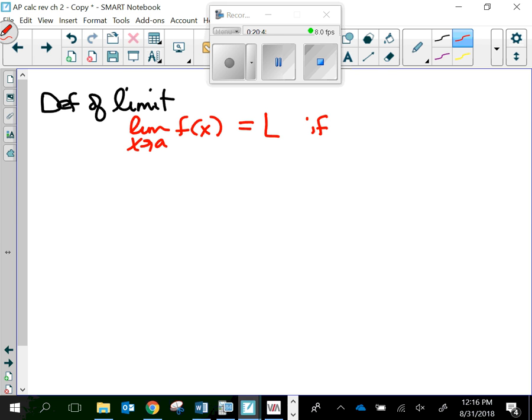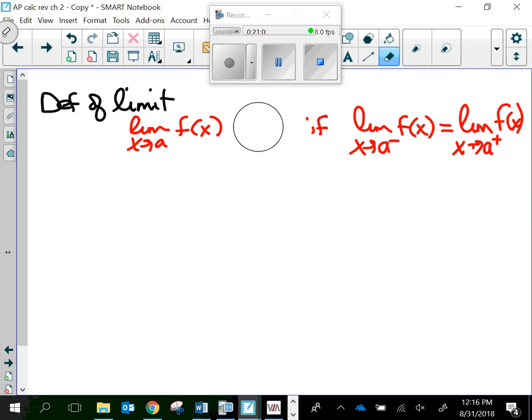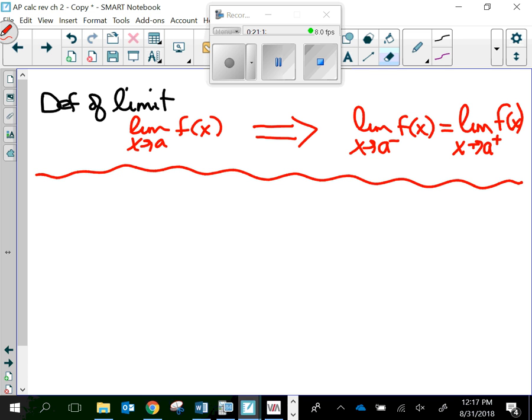What do we have to know here? Oh, from the left and the right? There we go. Good job. Actually, you can shorten it up and just do this. Okay, so that's your definition of limits.